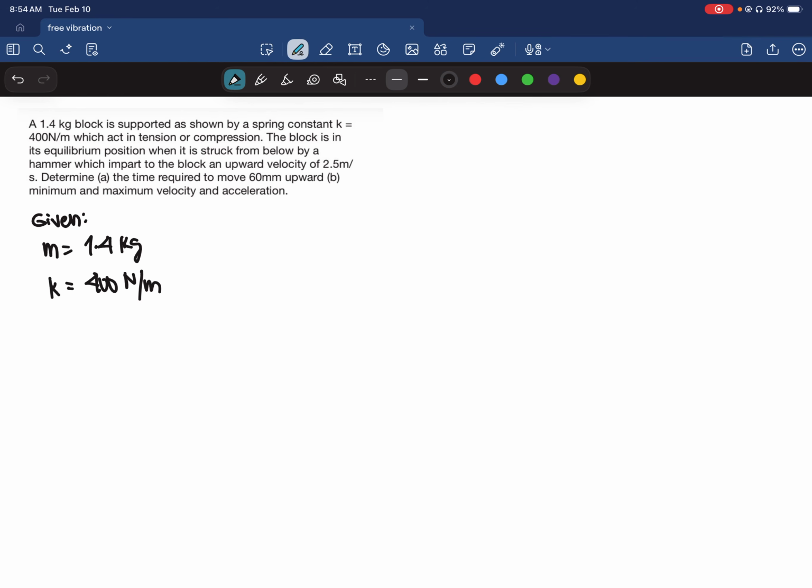Then, we have an initial velocity. So, at time equals 0, x equals 0, velocity is equal to 2.5 meters per second. And we're asked to find, for A, the time when the displacement equals 60 millimeters, so that is 0.06 meters.